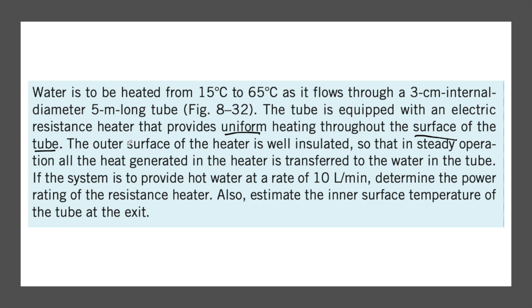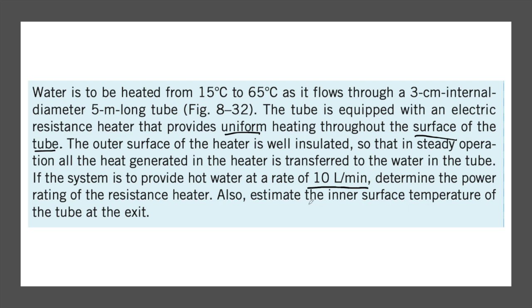If the system is to provide hot water at a rate of 10 liters per minute, so we have the flow rate of water. Determine the power rating of the resistant heater and also estimate the inner surface temperature of the tube at the exit. So here we have to determine the power rating.